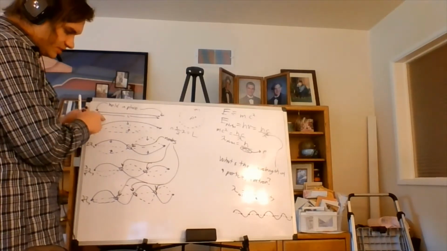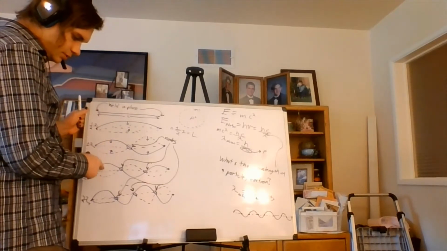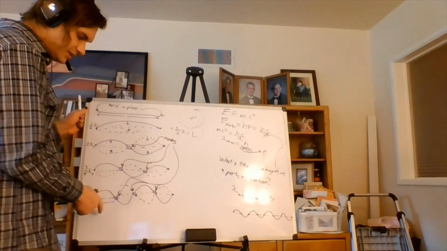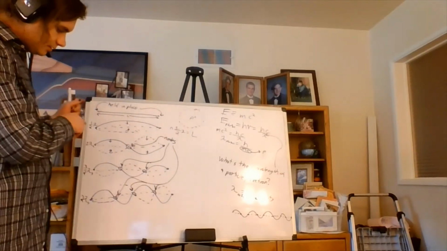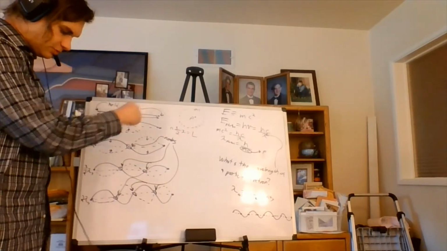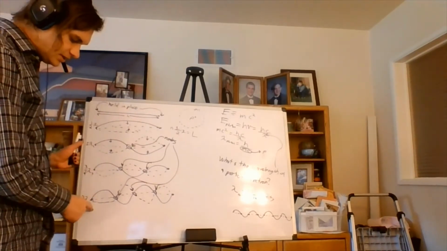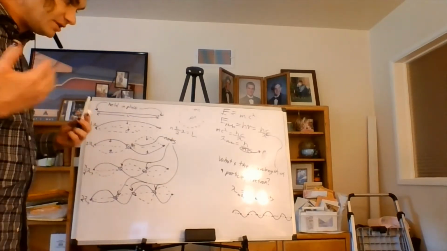And going from the simple ones with no nodes in between to wavelengths that have more and more nodes in between, these higher number lambdas, which are actually towards the bottom here because I started writing on them at the top, actually take more energy to get to.